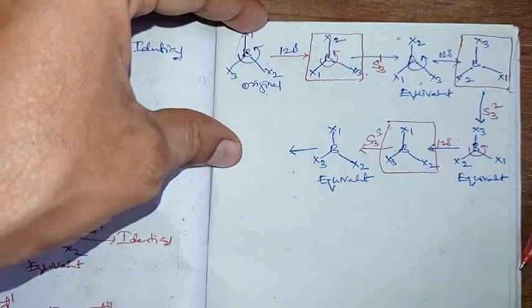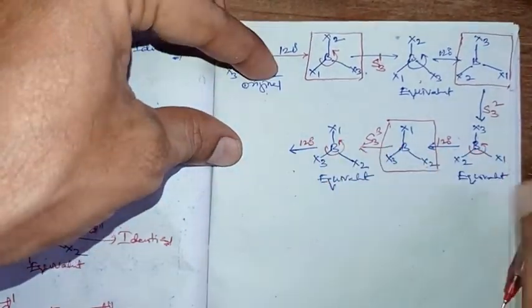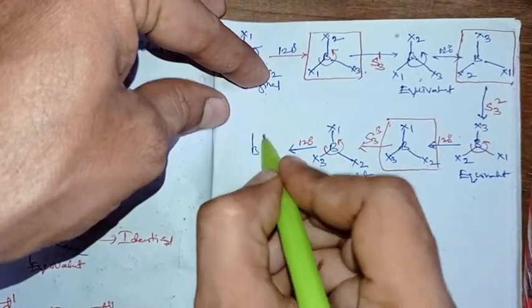So here we have to continue to do rotation followed by reflection. We should not stop here, right? So 120 degrees of rotation, one more time doing that.